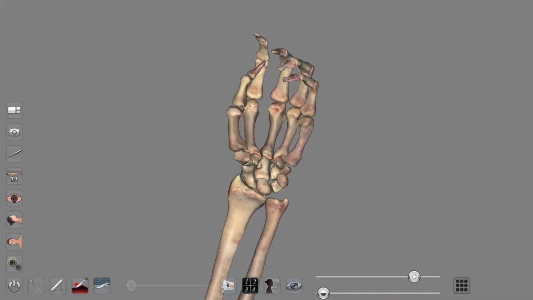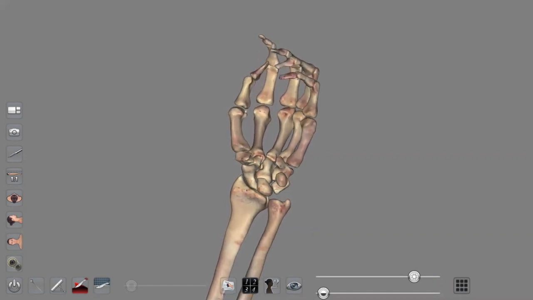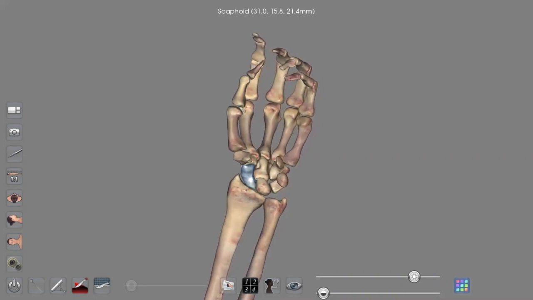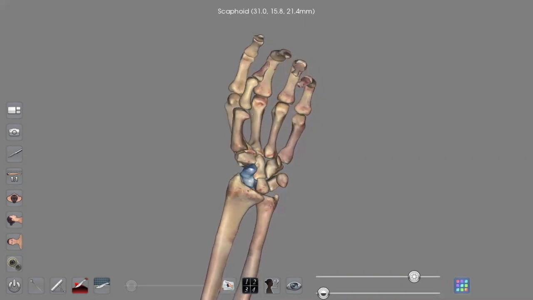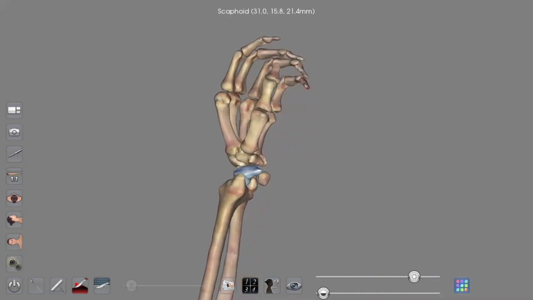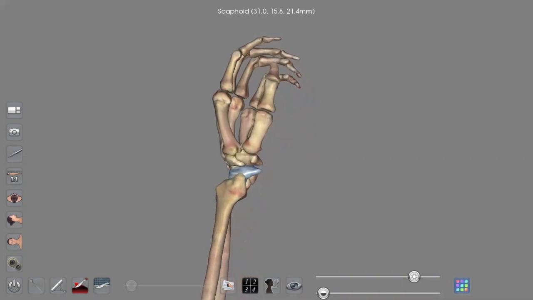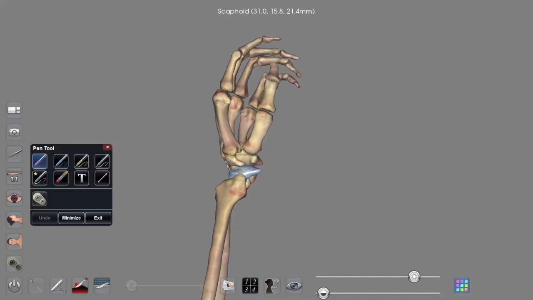Looking from lateral to medial, the 4 bones of the proximal row of carpals are as follows. The scaphoid, which is sort of a boat-shaped bone. This bone has a prominent tubercle on it. If you look at the bone from the lateral view here, you can see that projection here.